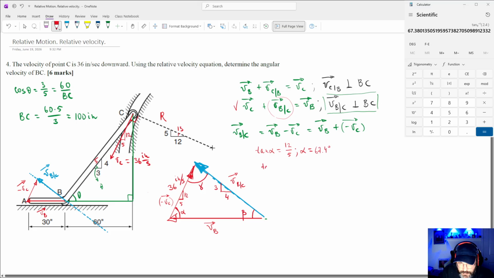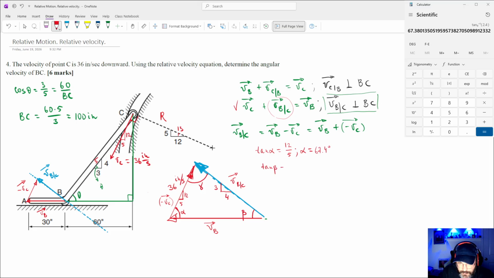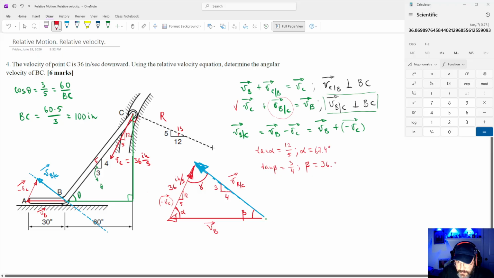Okay, so tangent of angle beta is equal to 3 over 4. So our beta is equal to 3 divided by 4, which is 36.9 degrees.